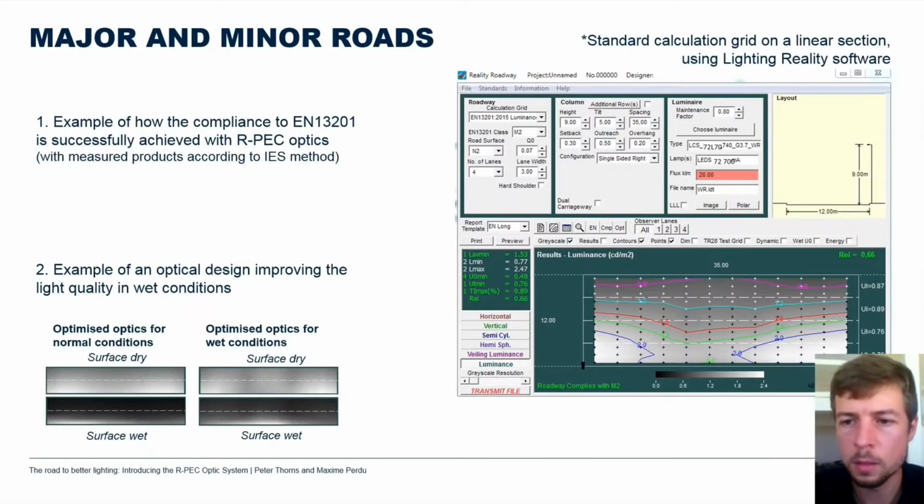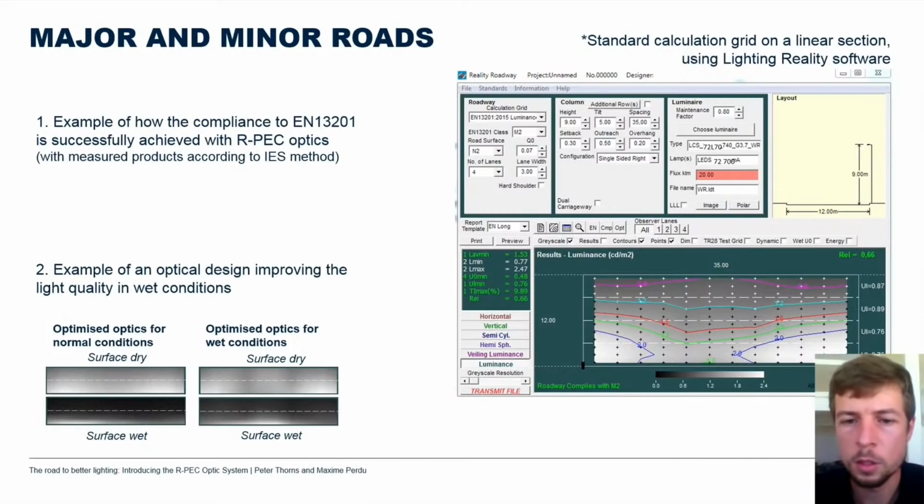And of course, Thorn Lighting provides fully measured products to do this estimation. But in development, I made it for every single lens in simulation to ensure that the performance is achieved.